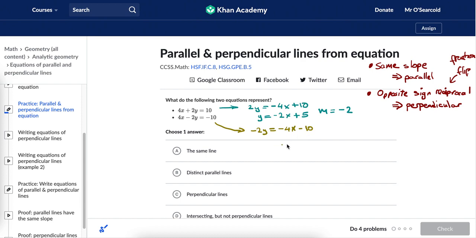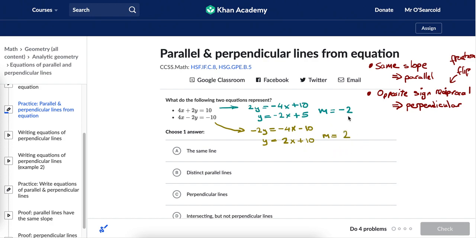Now we divide both sides by negative 2, and a negative divided by a negative is a positive, so y is equal to positive 2x, and we get plus 10 here as well. So we've got the same y-intercept, but a different slope. Our slope here, m, is equal to positive 2.